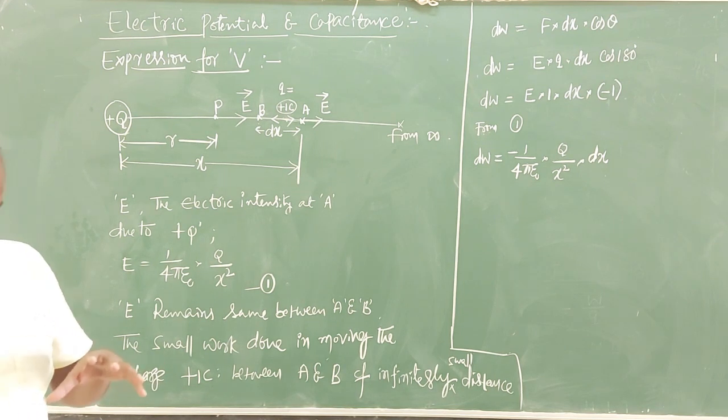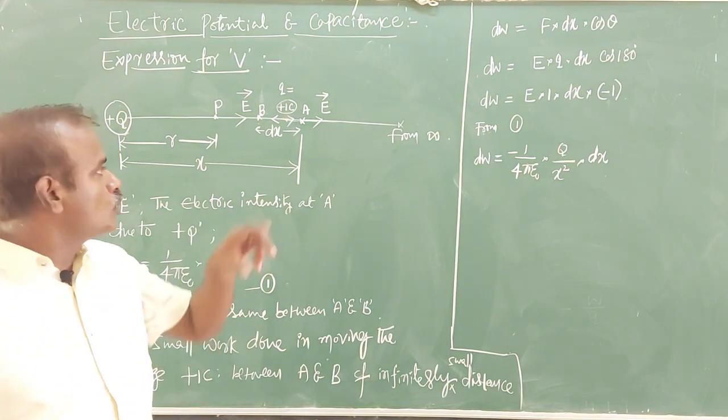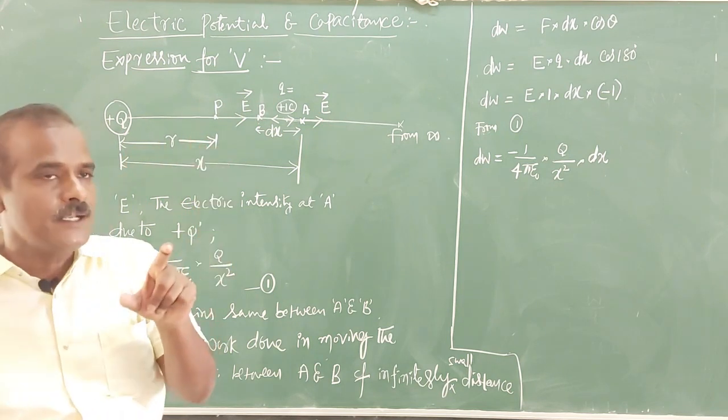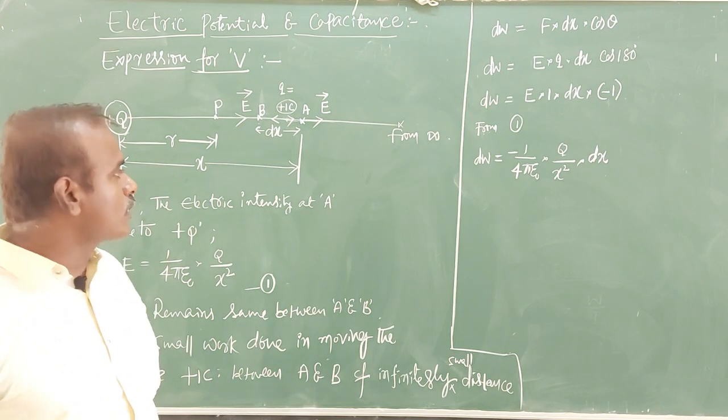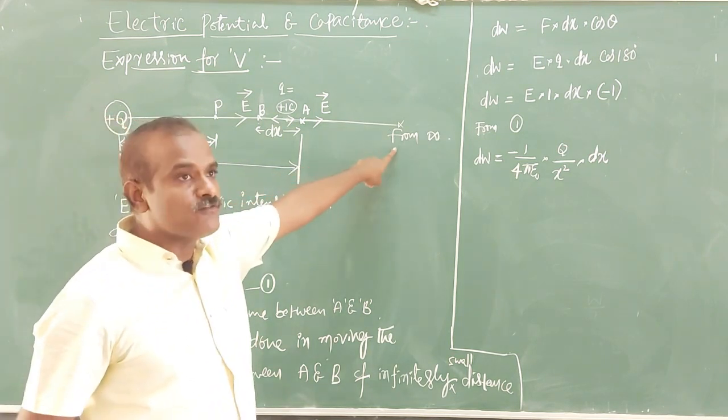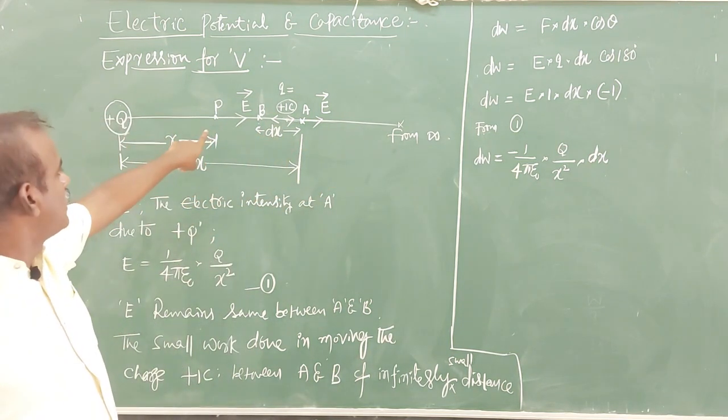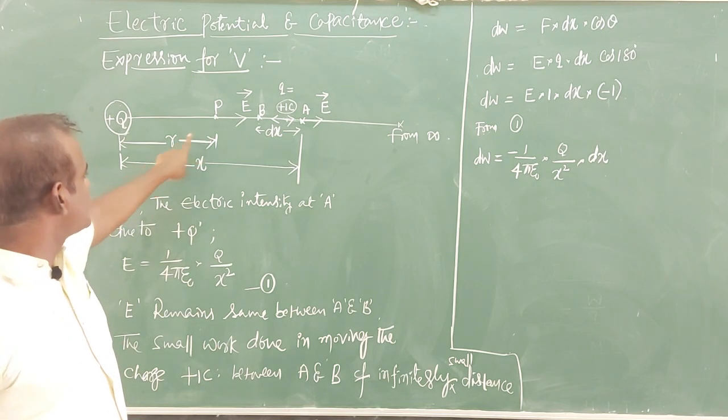Now what should be done? In order to know total work done to move from infinity to given point, we have to integrate this, and that too between the limits. What are the limits? What is initial point? Infinity. And when it comes to P, what is the final distance?